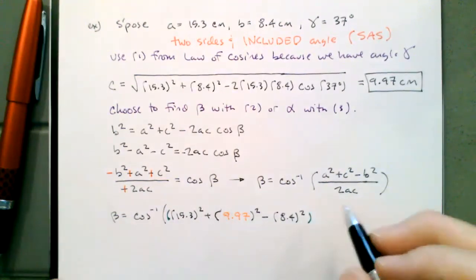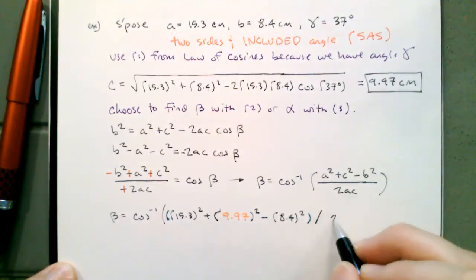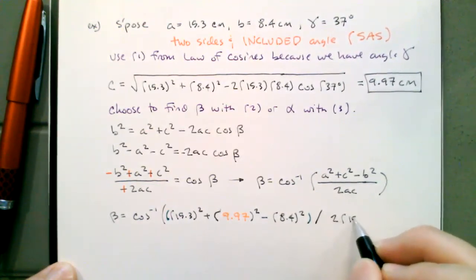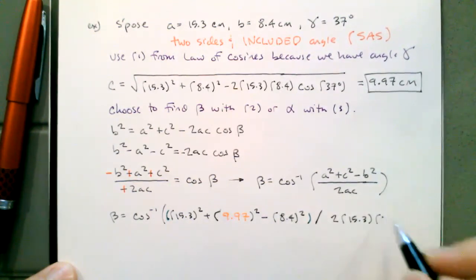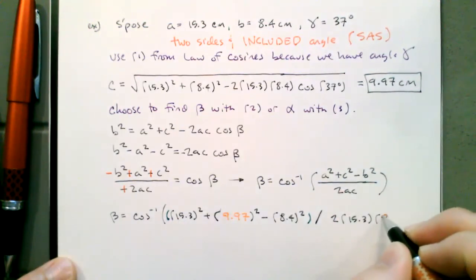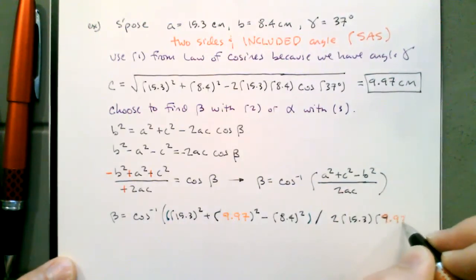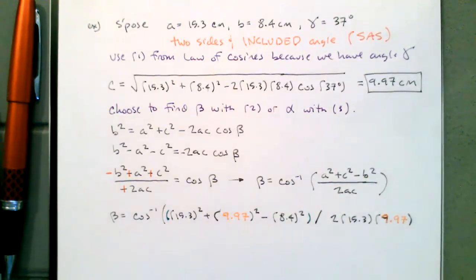Then we'll divide by 2 times A times C. C has been rounded off, so I'm going to make sure I handle that. Now notice that there are operations in my denominator as well, so I'm going to want to put parentheses around the denominator.